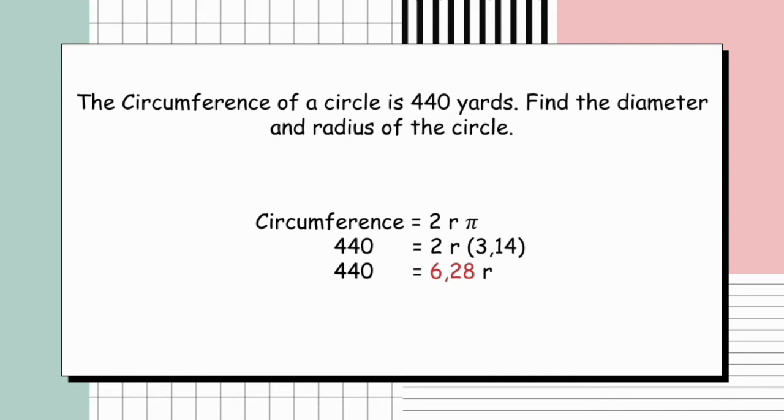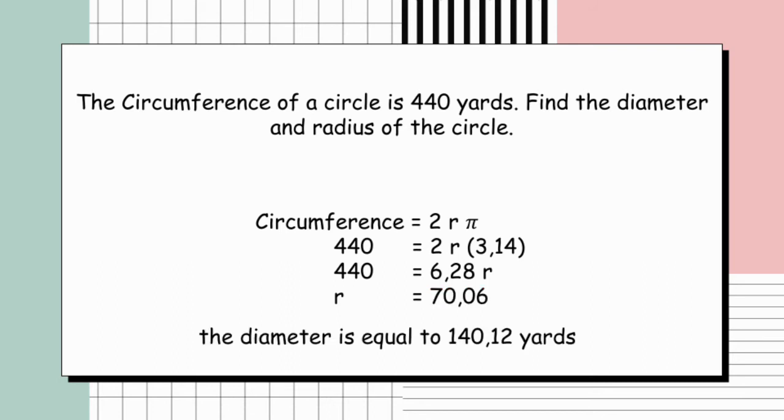Divide both sides by 6.28 to get r equals 70.06. Therefore, the radius of the circle is 70.06 yards, but since the diameter is twice the radius of a circle, the diameter equals 140.12 yards.